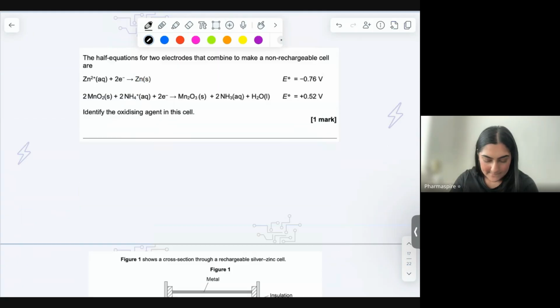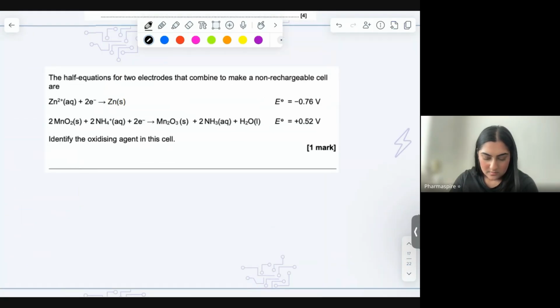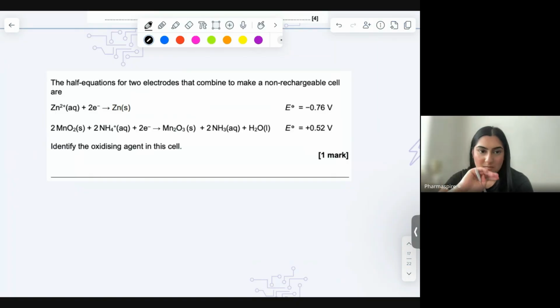Can you guys do this one? Good. Well done, everyone.